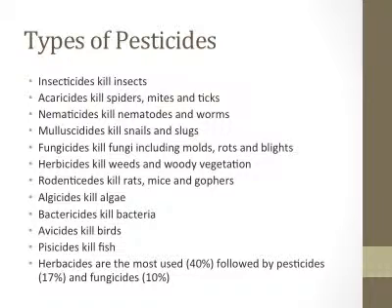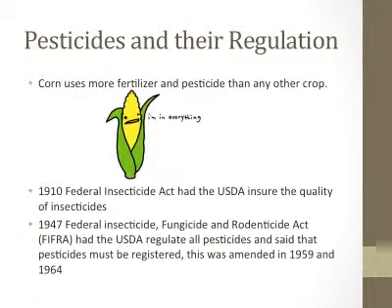Herbicides are the most used. 40% of our pesticides are herbicides, because we're trying to kill the weeds in our lawn and make our house look pretty, right? Followed by insecticides, which are 17%, and then fungicides, which are 10%. Corn uses more fertilizer and pesticides than any other crop.